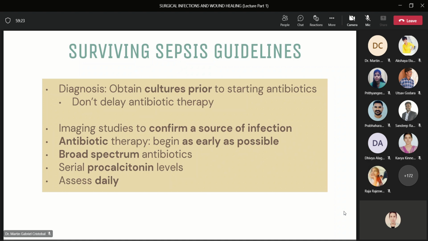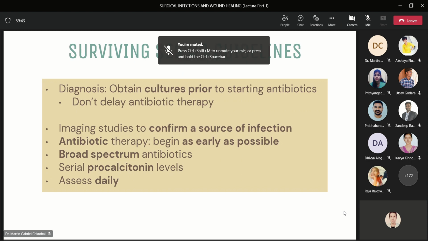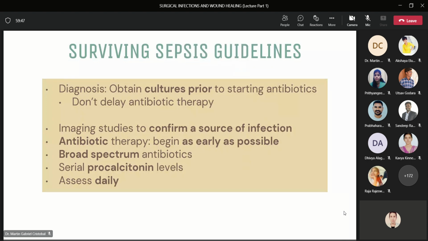Use broad spectrum antibiotic regimens with penetration into the presumed source and reassess the regimen daily with de-escalation as appropriate. Discontinue antibiotics in 7 to 10 days for most infections, and stop antibiotics for non-infectious issues. Also consider the use of serial procalcitonin levels, which may allow earlier cessation of antibiotic therapy.